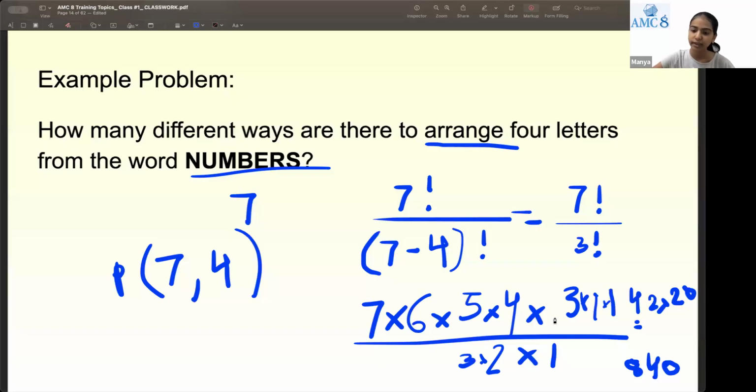But once again, this is just 3 factorial, and this is also 3 factorial. We got this from right here, so 3 factorial, right? So this number over here will also cancel out with this number over here. 3 factorial is just a simpler way to write this, but if you want, you could write it in full form. You can try to write this too. But 3 factorial is just an easier way to write this down.